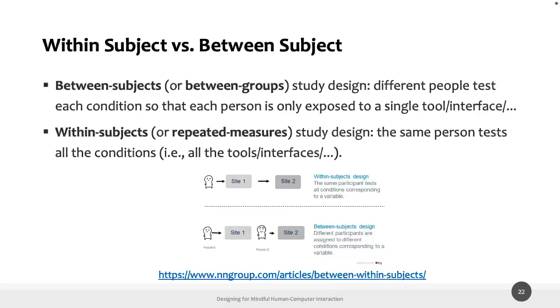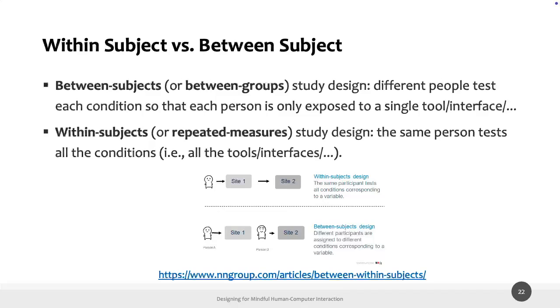Can you guess what are the advantages or disadvantages of both strategies? In within subject, the patient can learn the structure, and the second experiment would be less scientific. Yes, there is a learning effect, right? Between subject, the personal experiences can make differences. Yes.